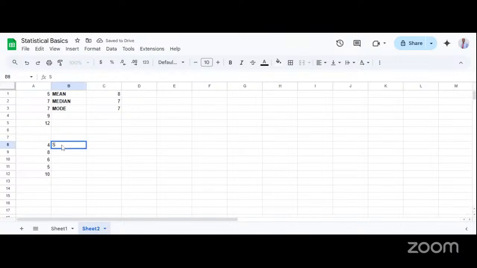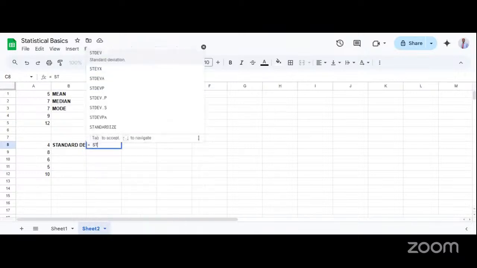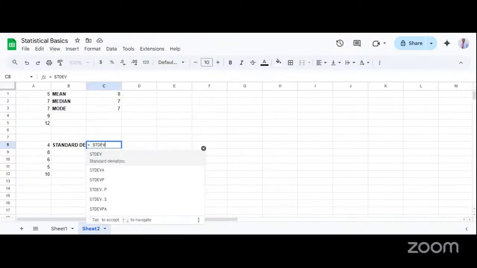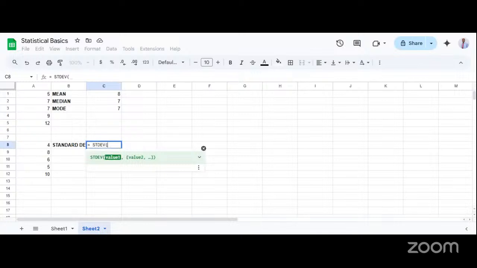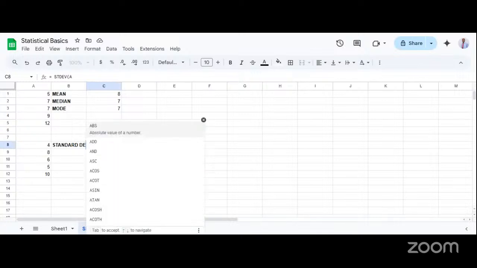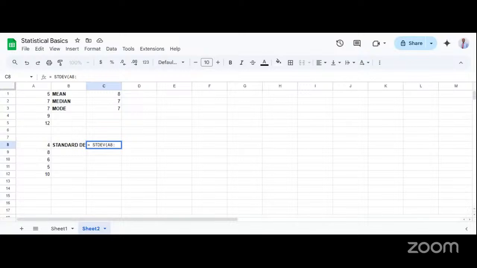So standard deviation. I just abbreviated it in the middle. To calculate our standard deviation, we input equal to STDEV, then our range A8 to A12.